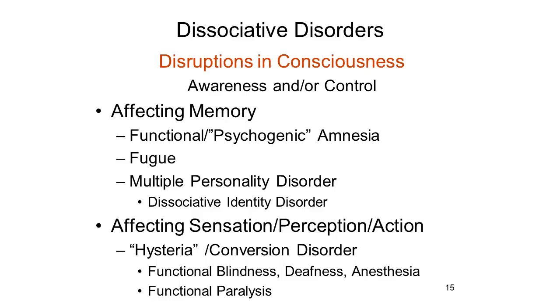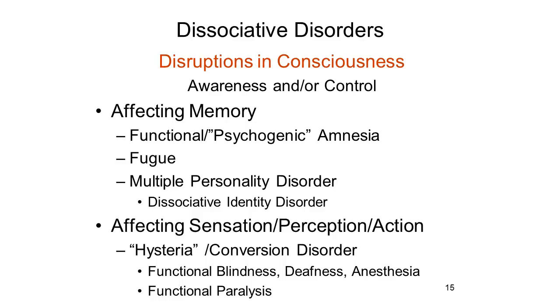In all these disorders, there's a problem of conscious awareness. The memories are still there, the identity is still there, but the person can't gain conscious access to this information. It's this loss of conscious access that's the hallmark of the dissociative disorders.